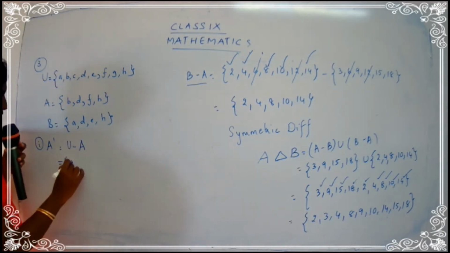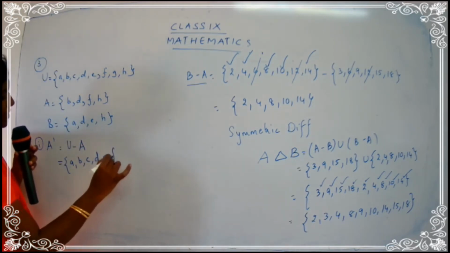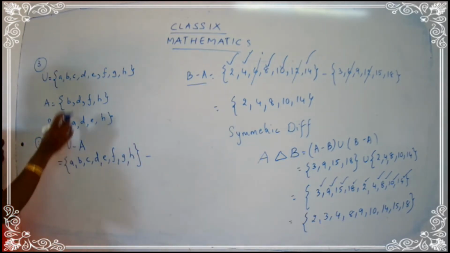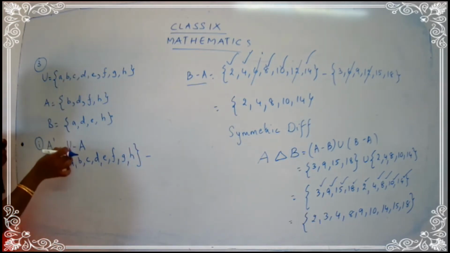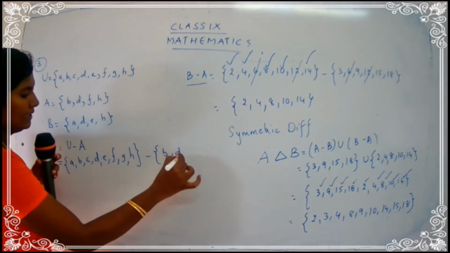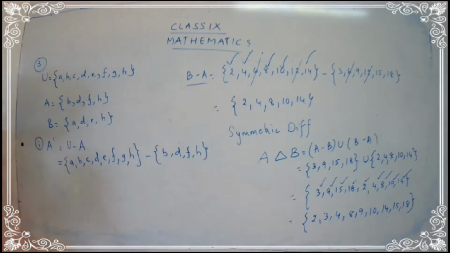Let's write down the value for U. It's A, B, C, D, E, F, G, H. Now I have written the members of U. Now you have to write the members of A. What is that? B, D, F, H. The first question was A dash, and how are you going to find A dash?